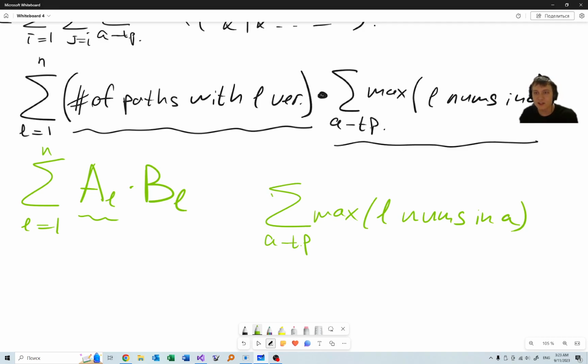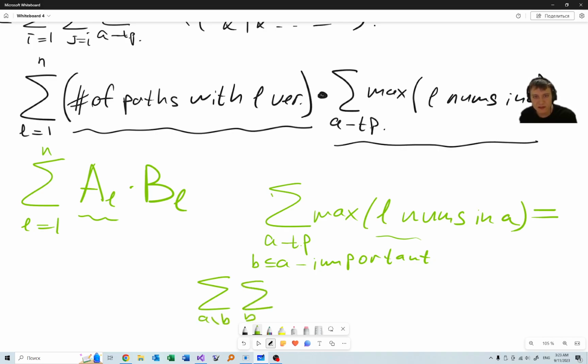First of all, let's only look at important numbers. Let B in A be the important numbers, which are used in this maximum. In this case, we consider the sum of all numbers A without B, then the sum for all B's, and then the maximum of B.